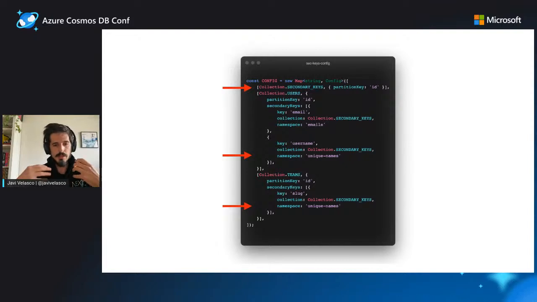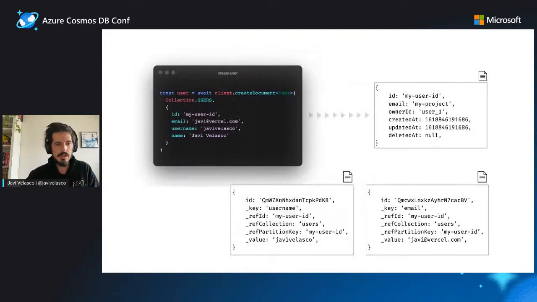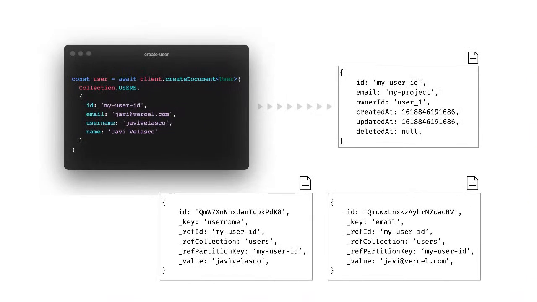Of course, when we now run create document, the downside is that we are going to be creating not only one document, but also documents for the keys themselves. Those keys are going to keep information about the original collection, the original partition key, the original value, etc. What is really great about this is not only that it is allowing uniqueness, but also that when we get a document, we can have a helper that gets documents by keys.